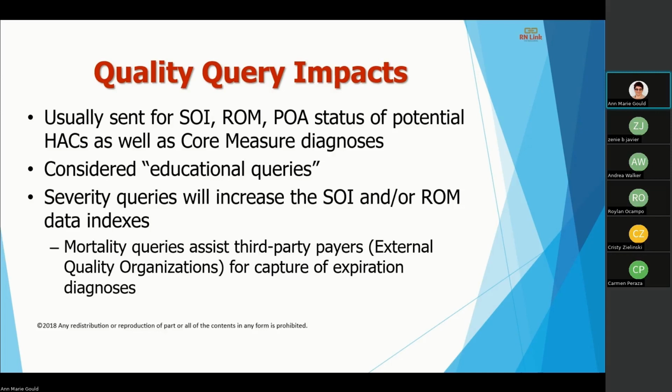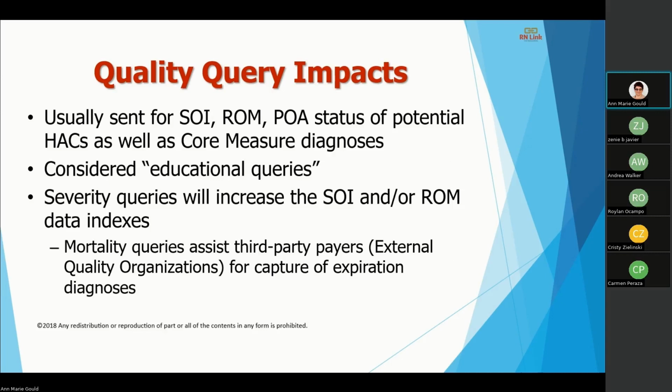So the core measure nurses were trying to learn CDI, and the CDI nurses were trying to learn core measure diagnoses. So eventually they ended up separating them again because there were different rules, right?